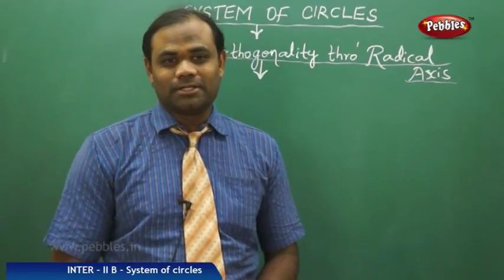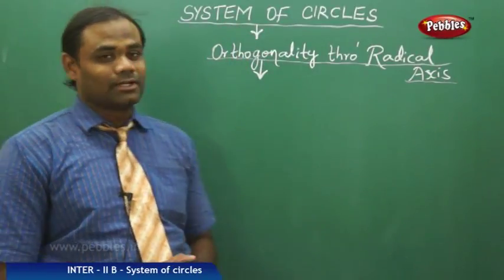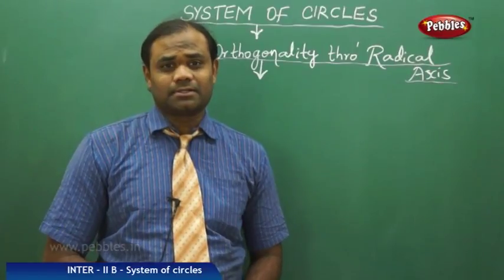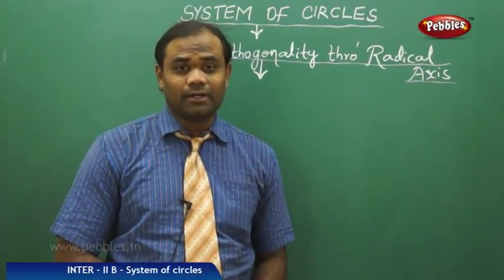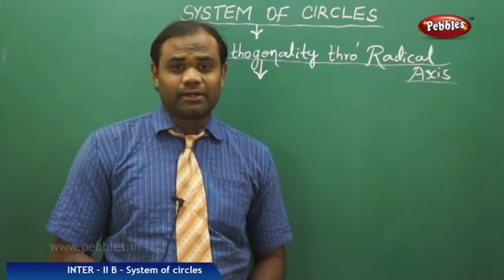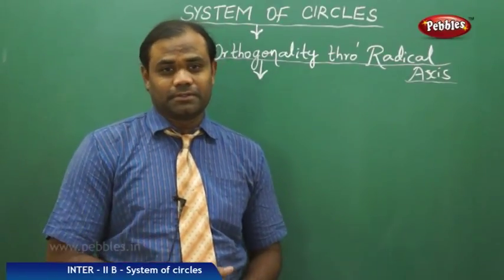Let's see the property of orthogonality of circles connected with the radical axis. This is one of the most important geometrical properties identified in connection with the radical axis of two circles.